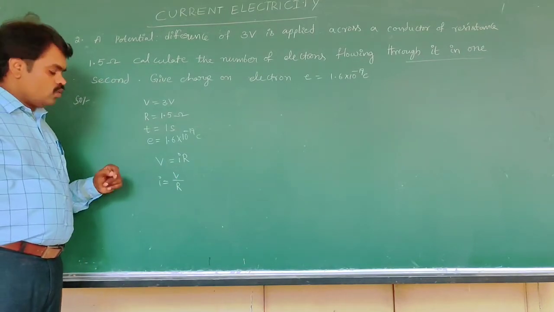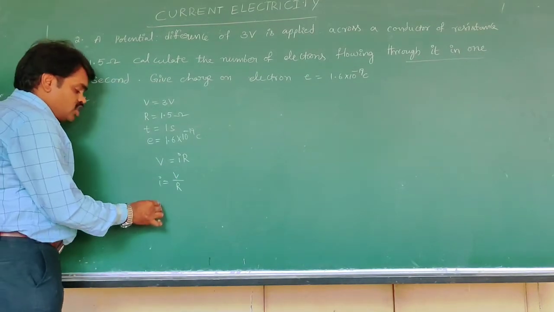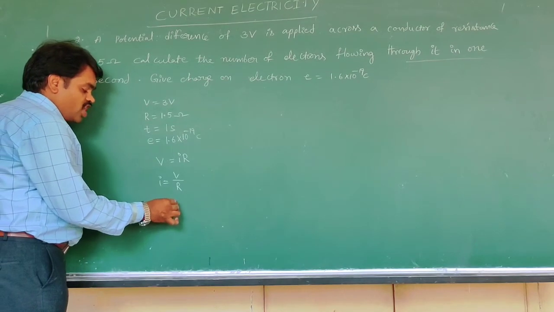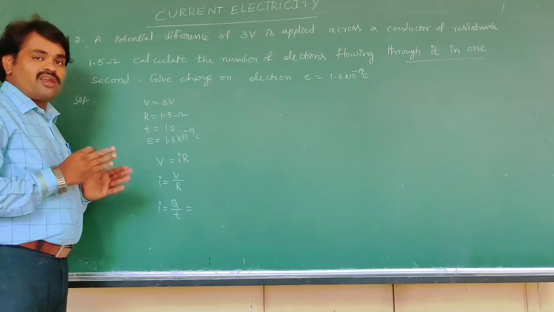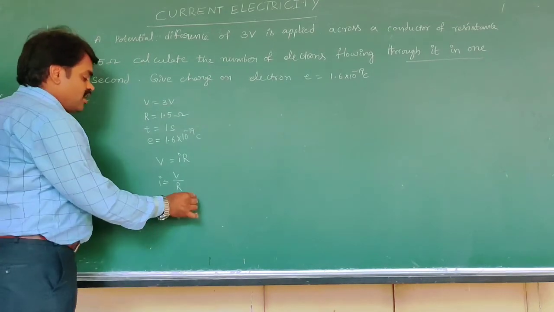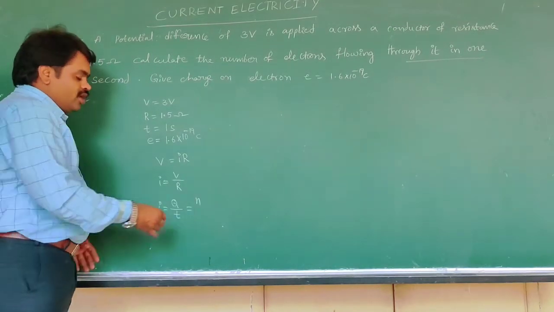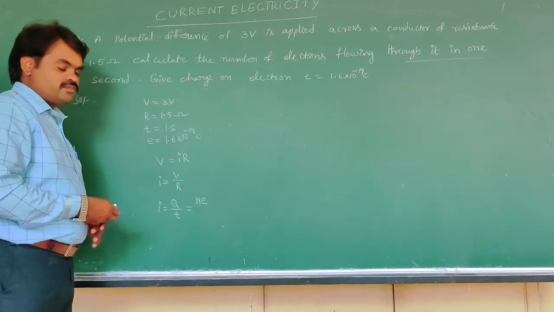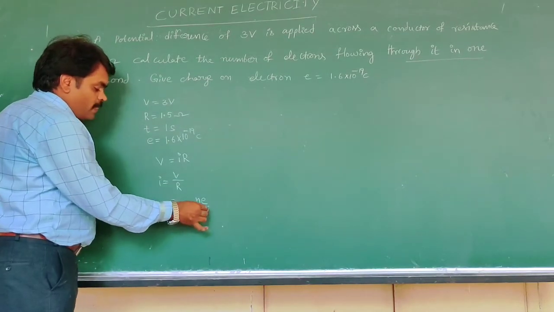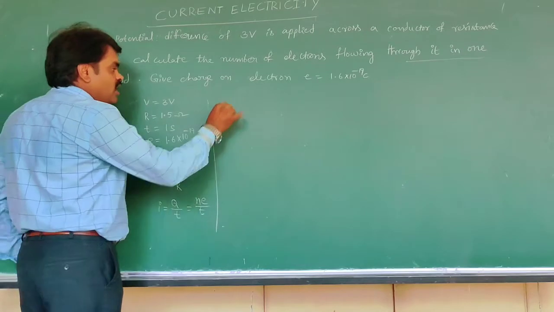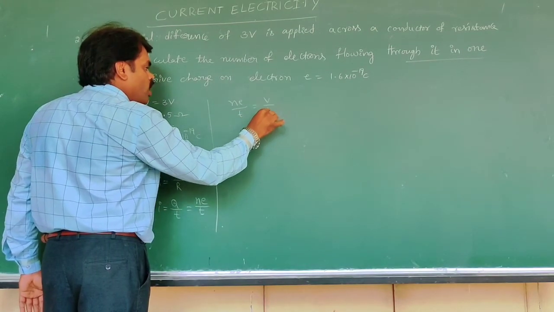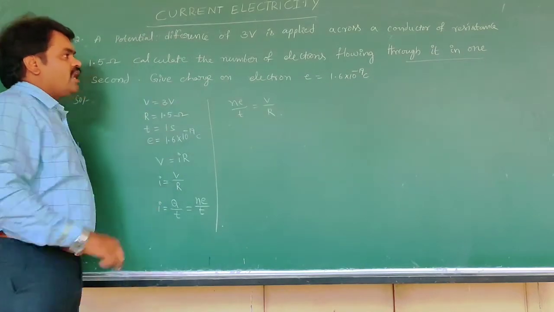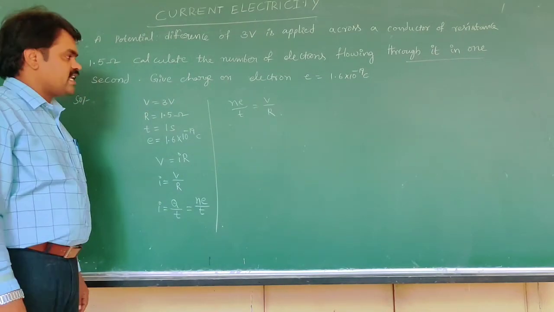Now we know that I is equal to total charge Q by t. What is the total charge? Number of electrons in a conductor, small n, into the charge of electron e, by t. Then we substitute: ne by t is equal to V by R. They are asking the number of electrons flowing through it in 1 second.